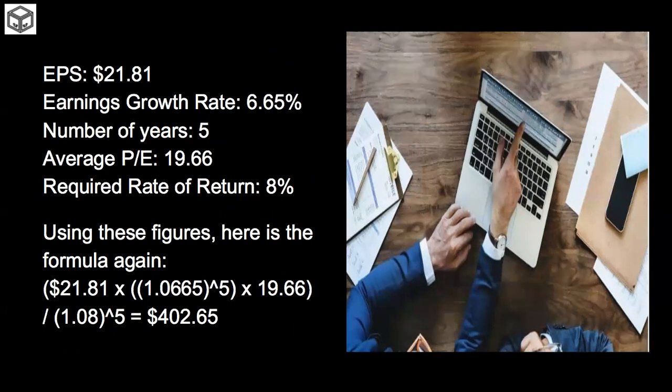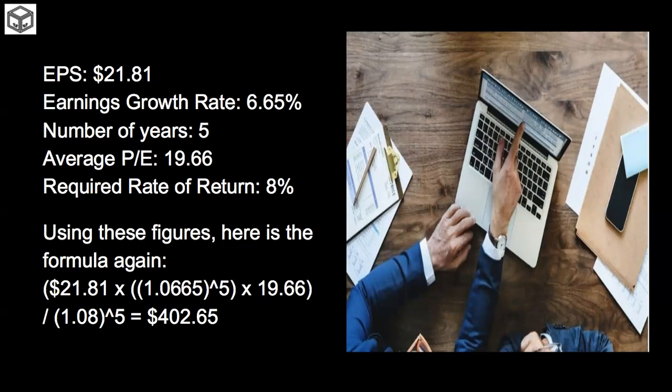Looking back at Lockheed Martin, utilizing the different input criteria, the EPS is 21.81, earnings growth rate, according to analysts, is 6.65% over the next 5 years. Number of years I'm looking into the future is 5. Average PE will be 19.66, and my personal required rate of return is 8%.